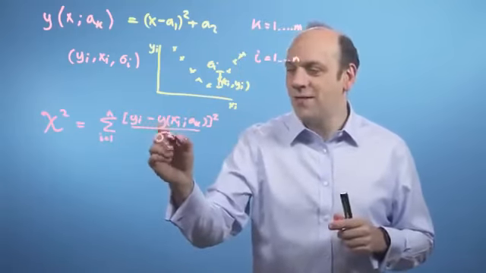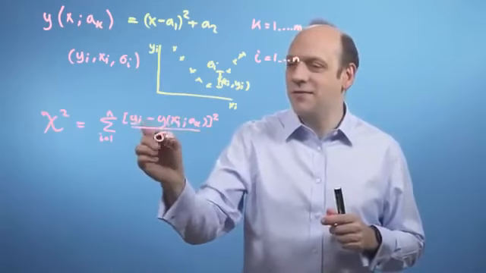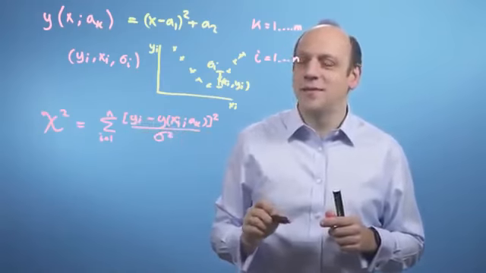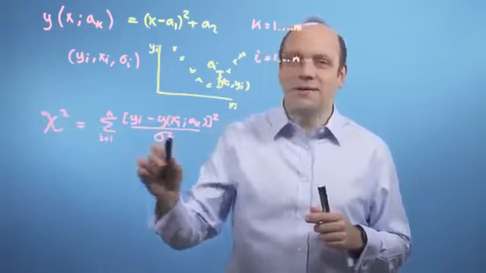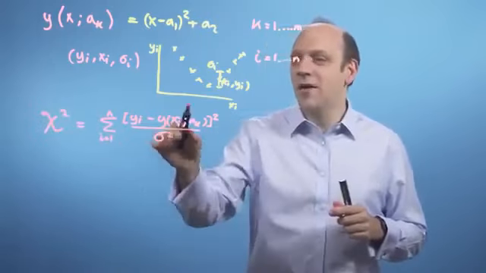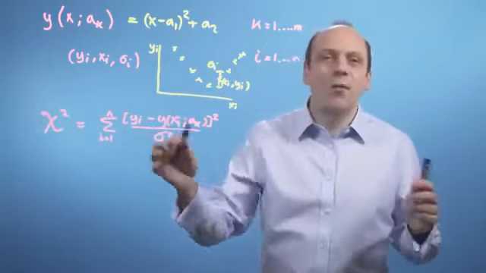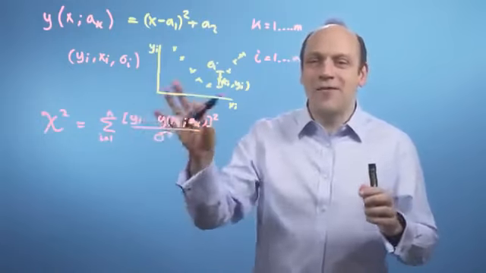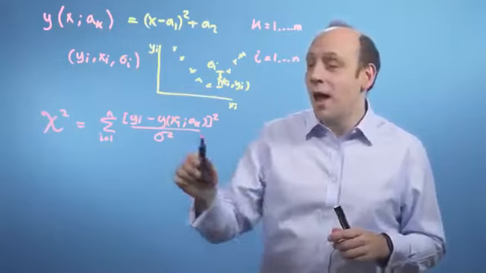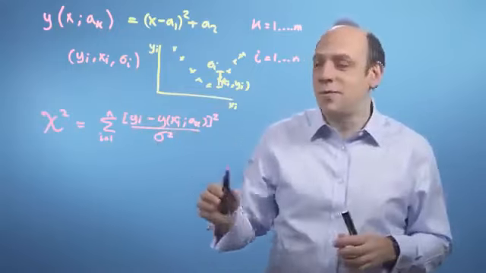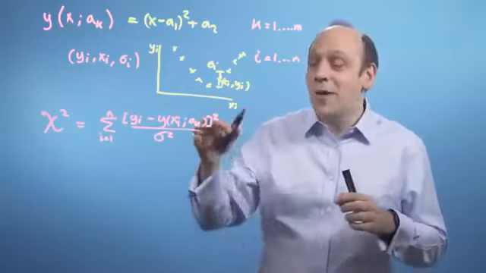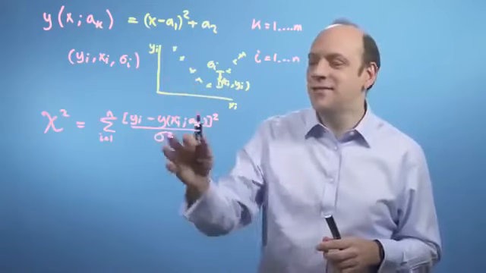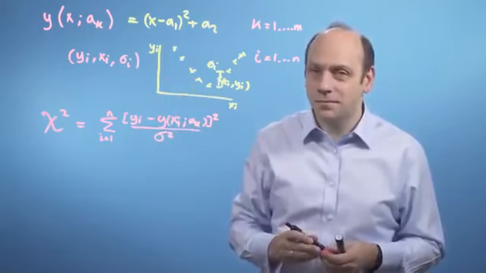So what I'm doing here is penalising each of these differences by an uncertainty sigma squared when I make chi squared, so that uncertain data points have a low weight in my sum of chi squared, so that they don't affect the fit too much. If we don't know what the sigmas are, we could assign them all to be 1, right? This will just drop out. But if we have an idea of the measurement uncertainties, this gives us a way to include it.